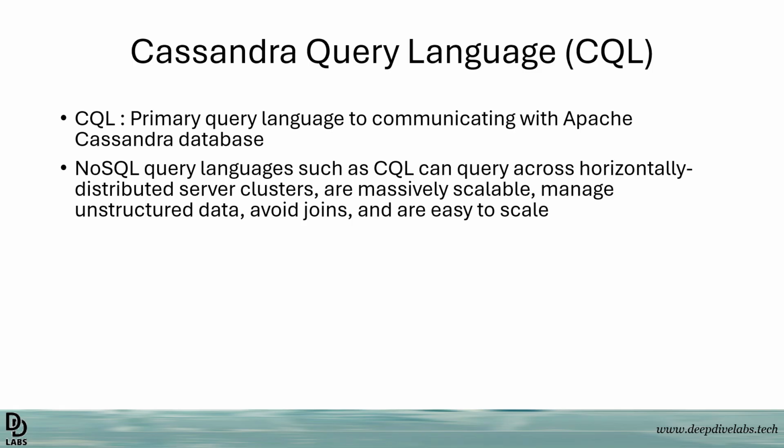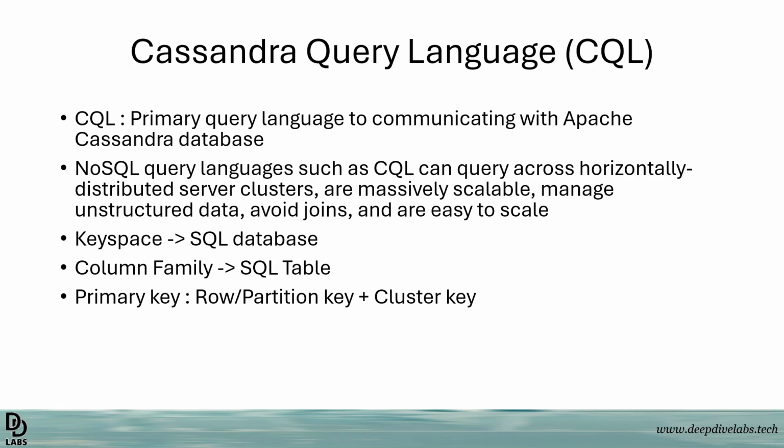It's a declarative language, capable of querying across horizontally distributed servers and clusters that are massively scaled and manage unstructured data. They avoid joins and are easy to scale, right? Remember, each of these queries is executed across horizontally distributed servers, which store semi-structured and unstructured data.